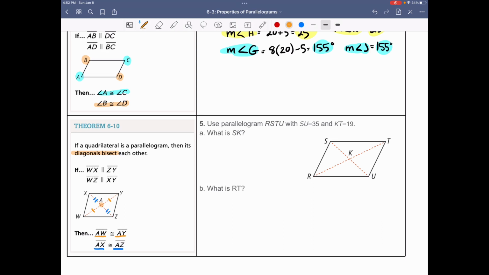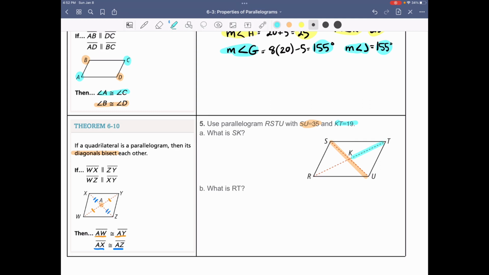Use the parallelogram RSTU with SU equal to 35. So I'm going to highlight that in the diagram. SU. That's 35, that whole length. And KT is equal to 19.